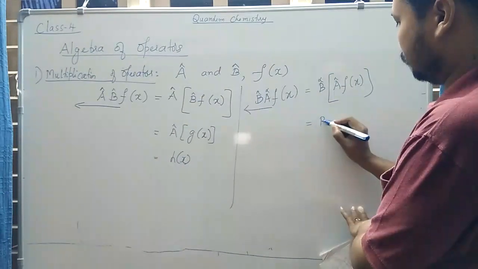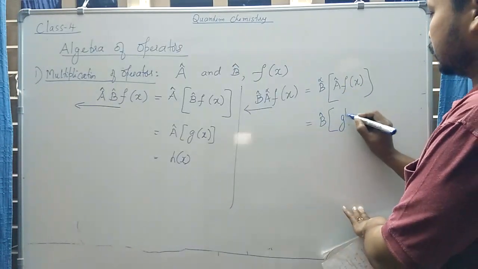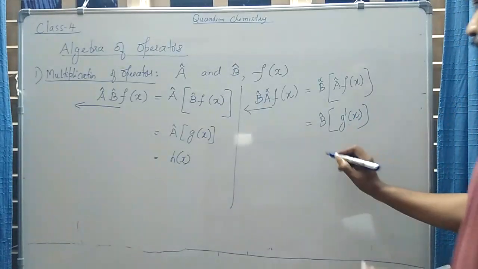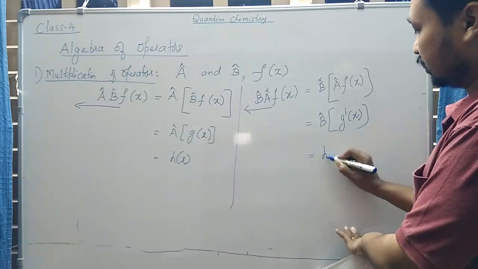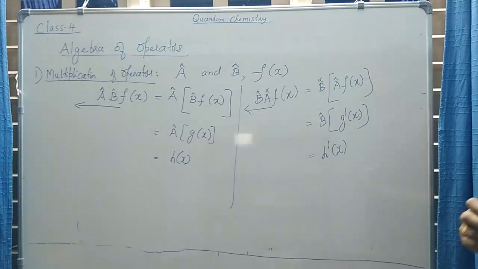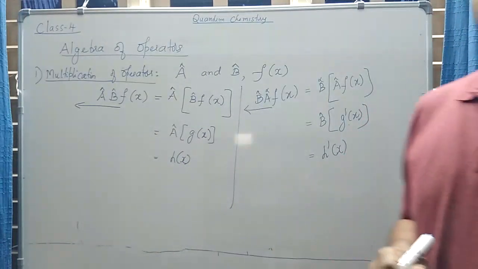A of f of x gives a new function, which I will take as g dash of x, and when I apply operator B on g dash of x, it yields another function, h dash of x, and we do not know whether h of x and h dash of x are one and the same.